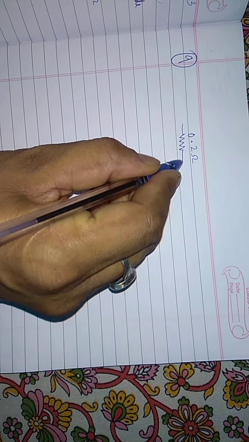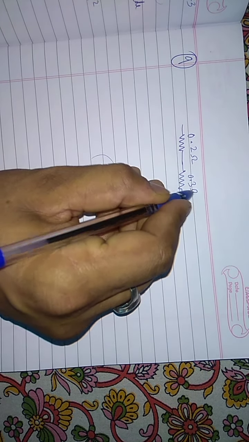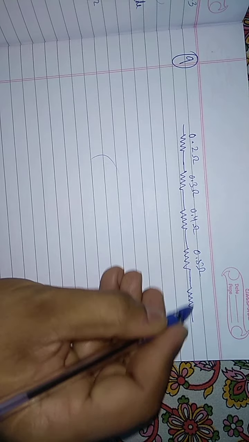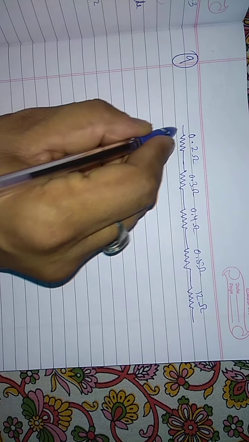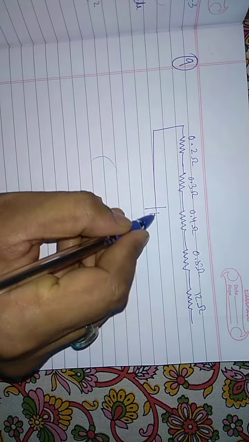One is 0.2 ohm. Second, 0.3 ohm. Third, 0.4 ohm, 0.5 ohm, and the last one is 12 ohm. And we have a battery of 9 volt.